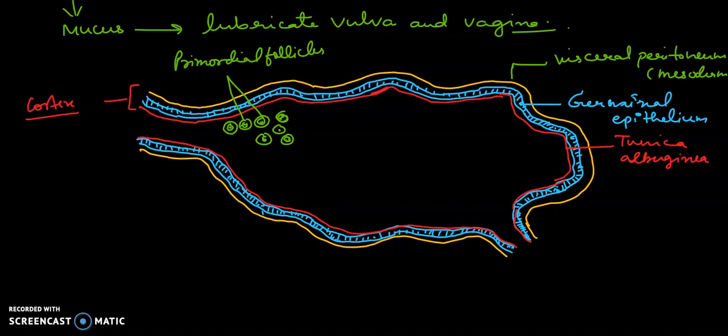This development will be seen only towards the periphery. The primordial follicles develop. This is a developed follicle; I am showing only one, but there will be many. It will develop more.